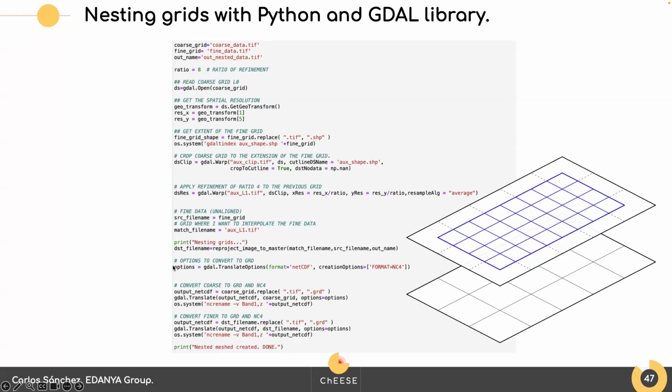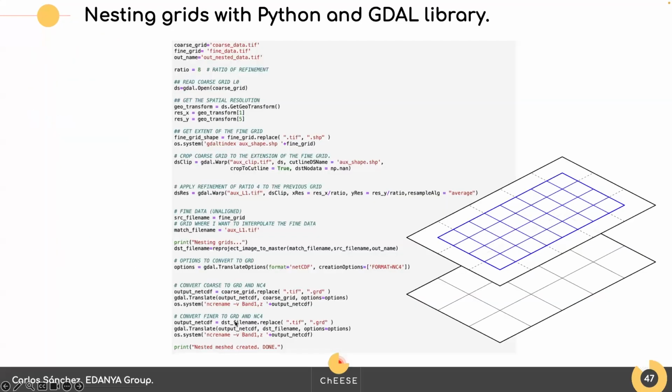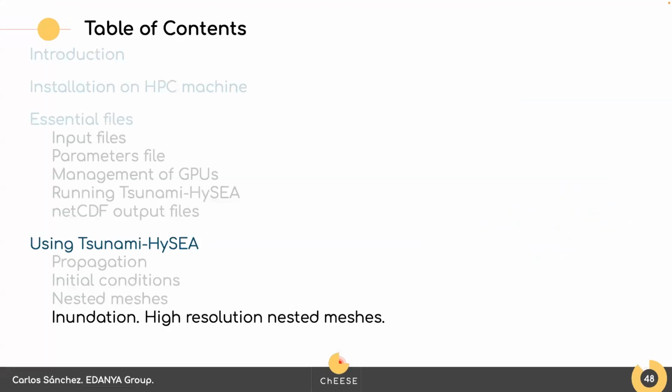Okay, after that you just convert from TIFF to GRD, the coarse one, the original one, and also the fine one. So if you are going to use this script, you will obtain the TIFF, but also the GRD output of this one. Okay, so let me show you in an example.